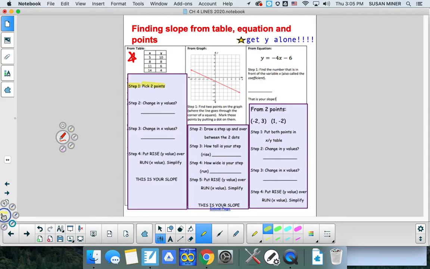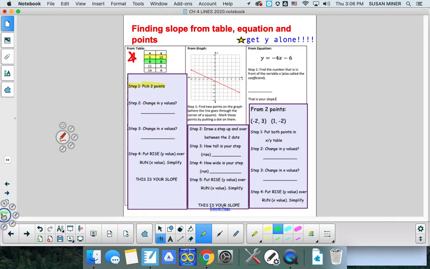Now remember, a point on a graph is an x and a y value. So I need to choose a couple of these. So I need an x and a y value. So I'm going to choose that one, and then I'm going to choose this one that's right underneath it. We could choose any two, so pick the ones you like the best. I'm just going to pick the top two.